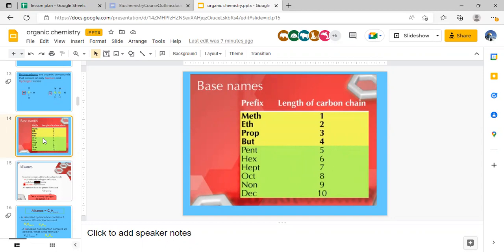So you have these prefixes which define the length. So if it's only one carbon, you call that meth. So methane, ethane, propane, butane, pentane. So that's one type of hydrocarbon. So remember those prefixes. We will encounter that all the time in organic and biochemistry.